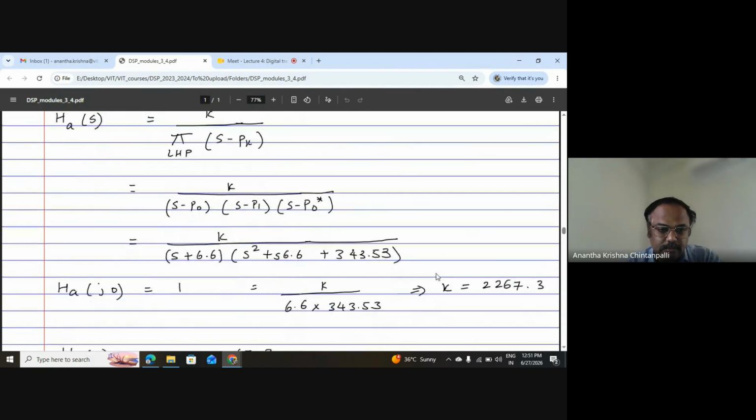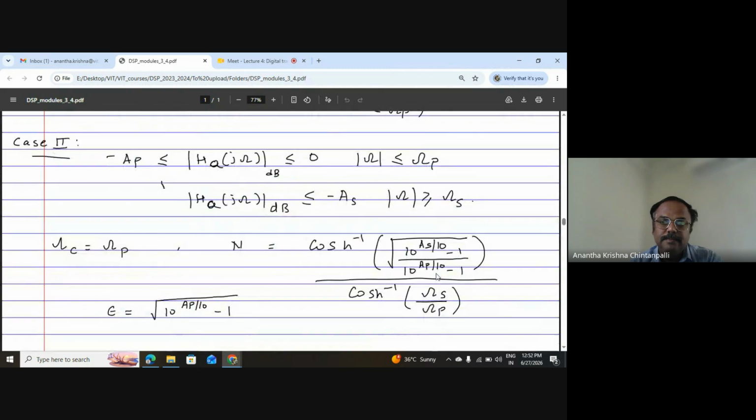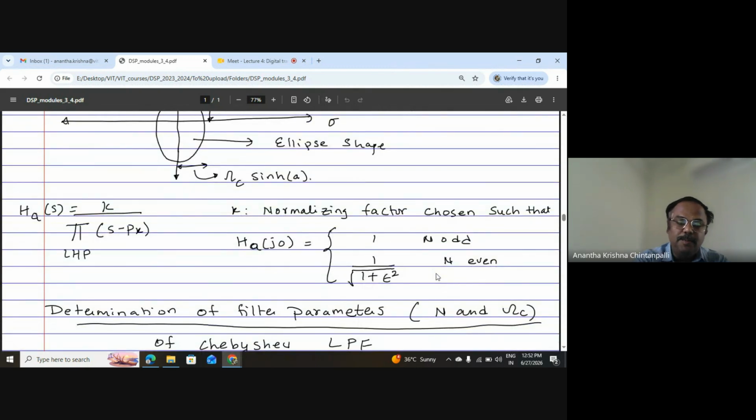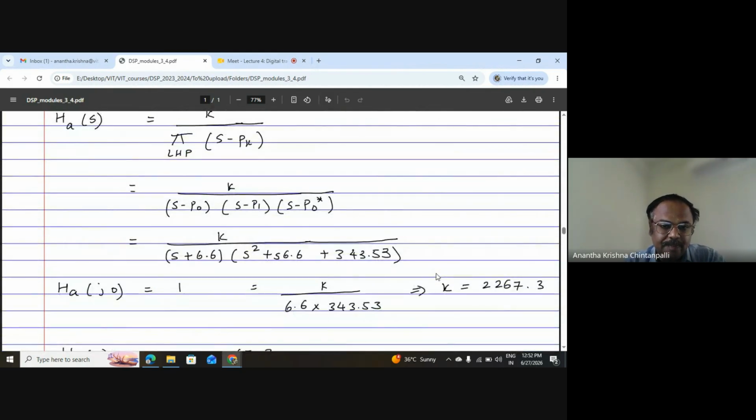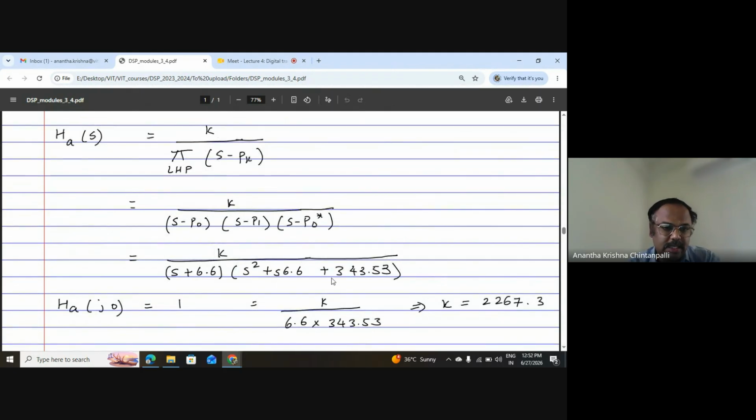343.53. Now, what is the value of k? This is an odd filter order. So for odd filter order, if you go back, you want to make sure that at omega equal to 0, the value should be 1. Then you compute the value of k. So what we do here is S is equal to j omega, so at S equal to 0 you can put that in.